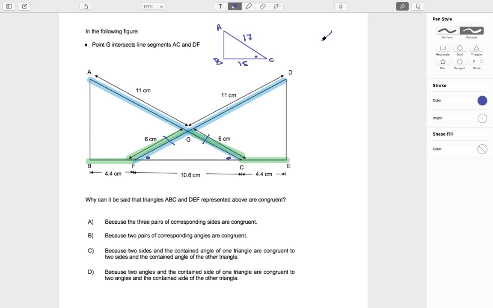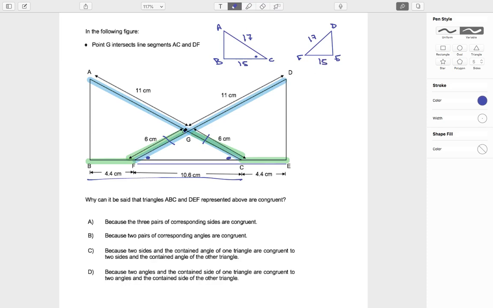Now, if we look the same for D, F, and E, we can conclude a similar thing. And by similar, I will mean congruent, because 11 and 6 is 17. We know that is D, that is F, and that is E. And from E to F, once again, 10.6 plus 4.4, so that's this length here, just like before it was this length here, you get another 15.